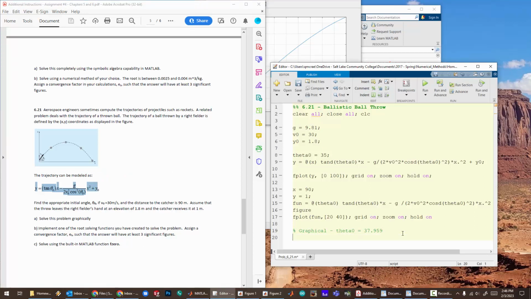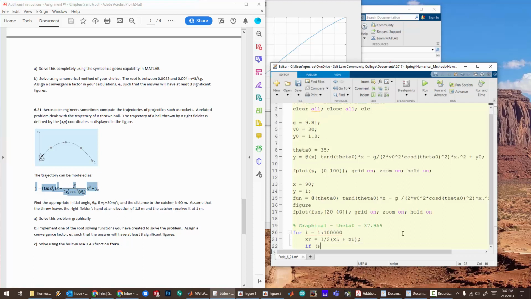So I'm going to say for i equals 1 to a whole bunch, right? And I'm going to say XR is equal to 1/2 of X lower plus X upper.